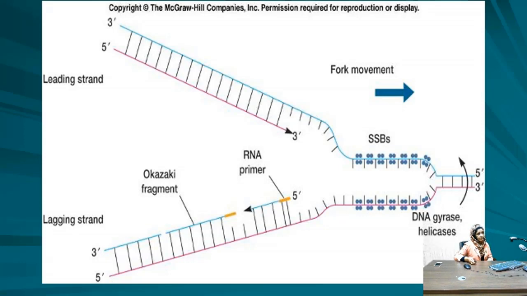All these enzymes work together on the double helix or the DNA strands to start the formation of the replication fork by DNA gyrase, DNA helicases, and single strand binding proteins, also the different topoisomerase enzymes, and to form the leading strands and, on the other hand, the lagging strands and the Okazaki fragments.